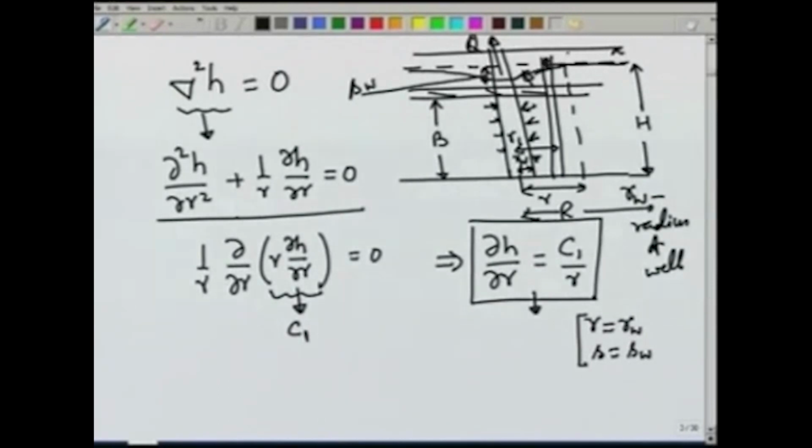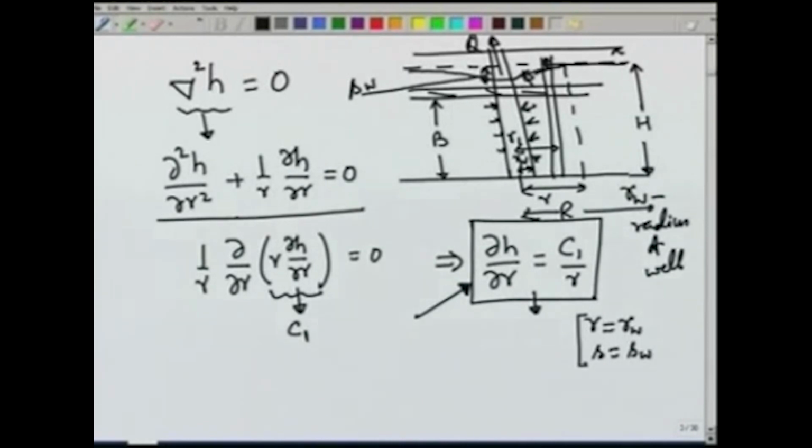So, these boundary conditions need to be used in order to be able to solve this equation, but this equation tells this is the governing equation for steady state flow in a confined aquifer.